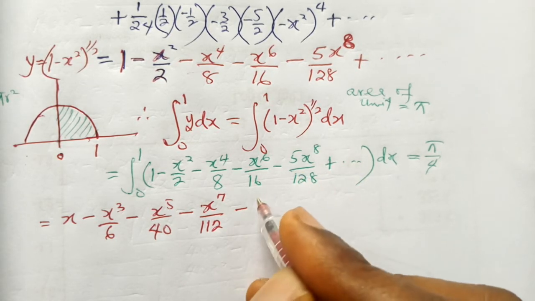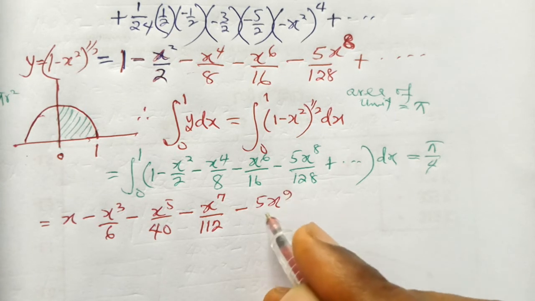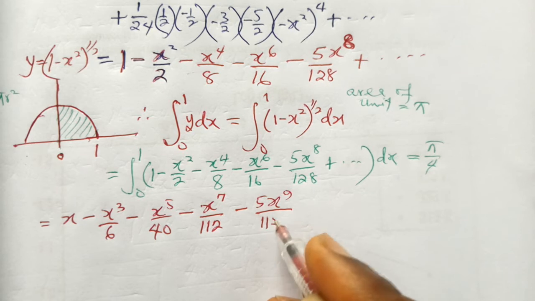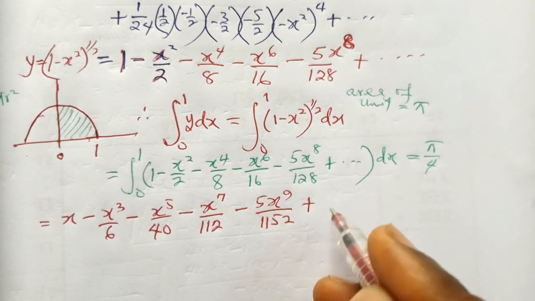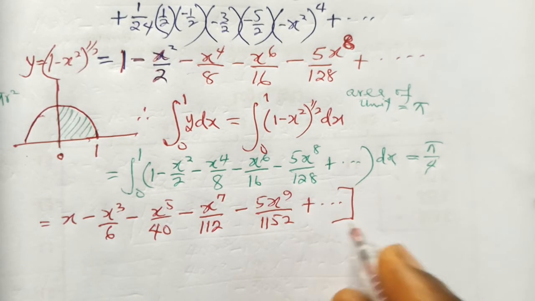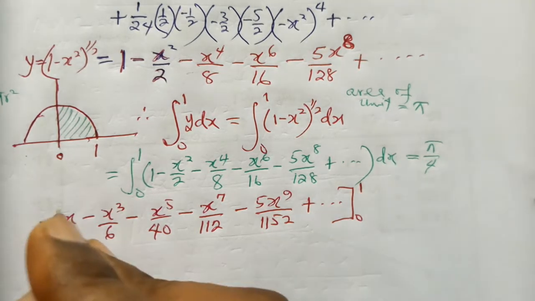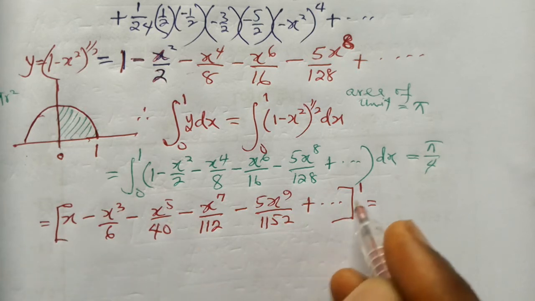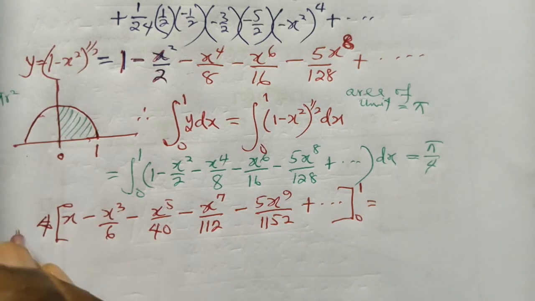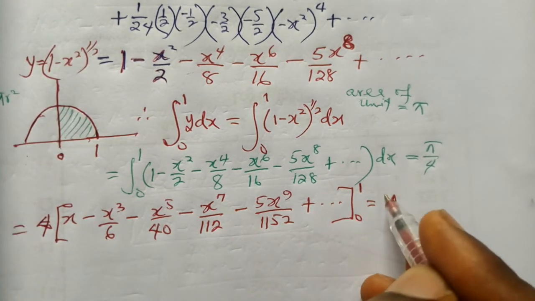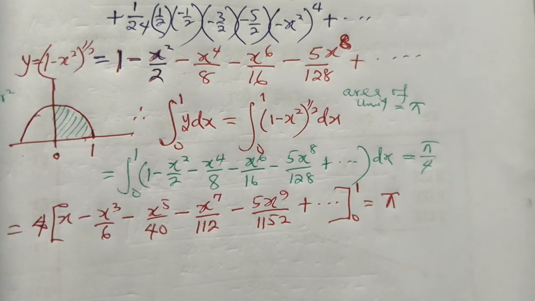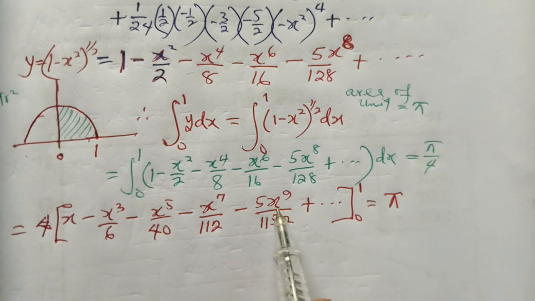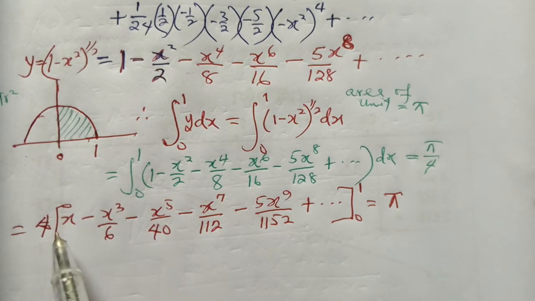So we'll have minus 5x^9 over 1152, plus and so forth, with the boundary between 0 and 1. If we say times 4 here, it is equal to pi. Of course, if we plug in 0 in all these things, we'll get 0.